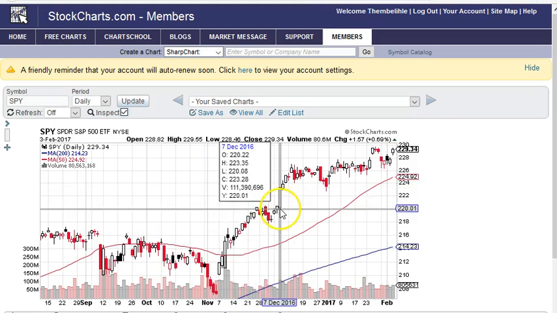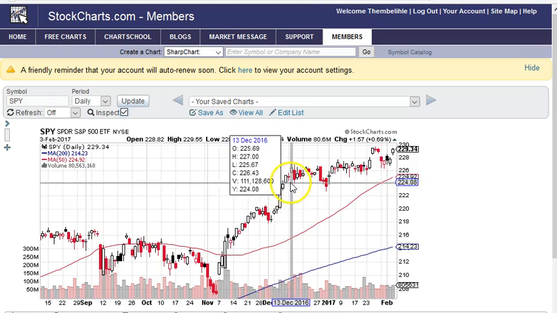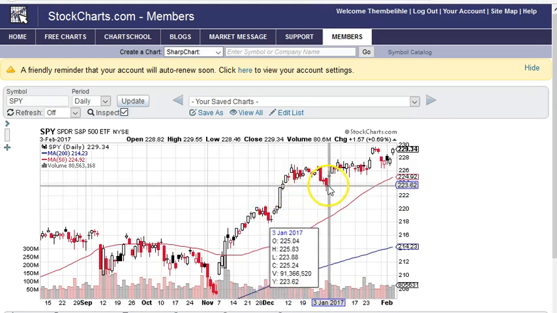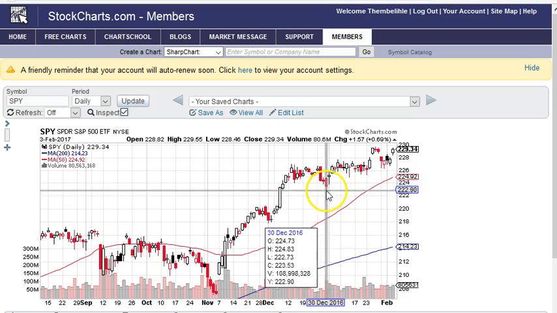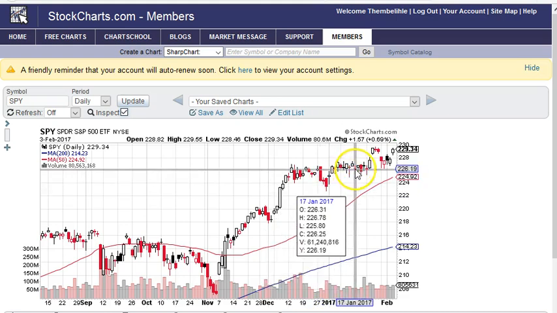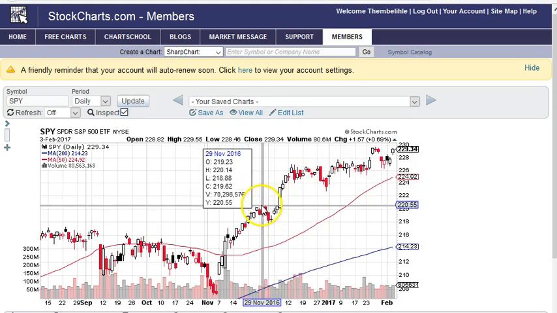You're able to hover over a candle and see the high, the low, the open, and the close of the candle. This gives you some nice prices with less effort for you to do on your own.